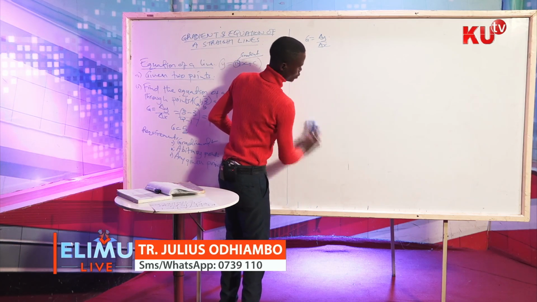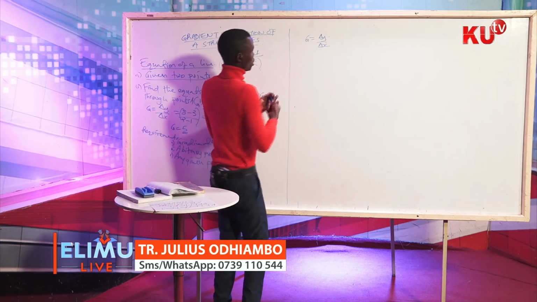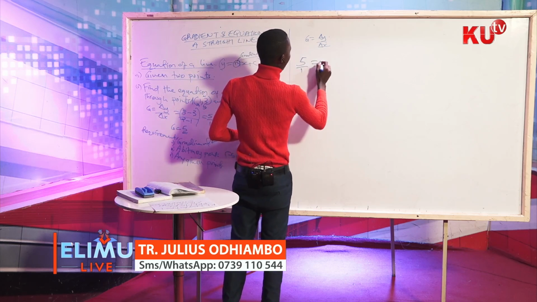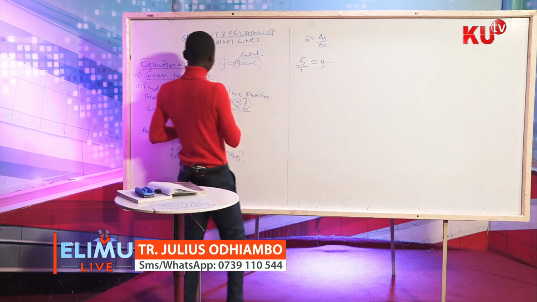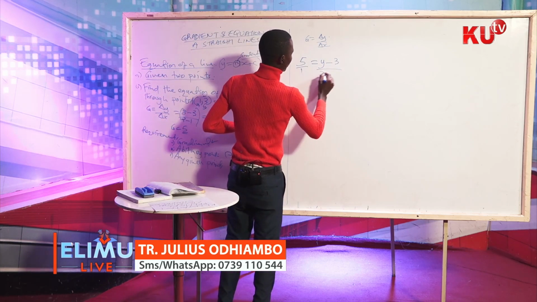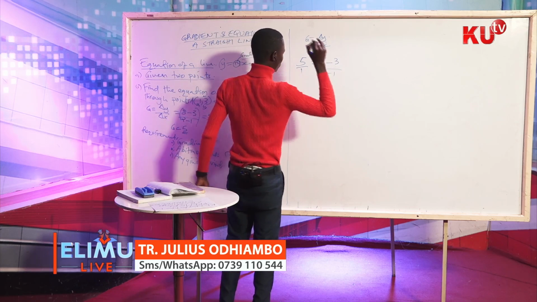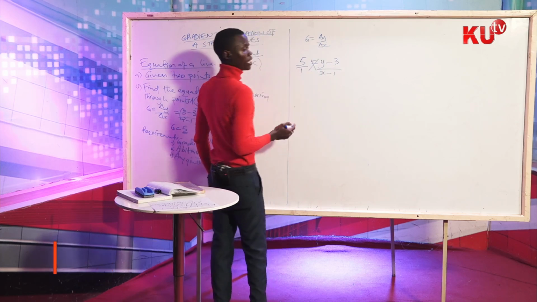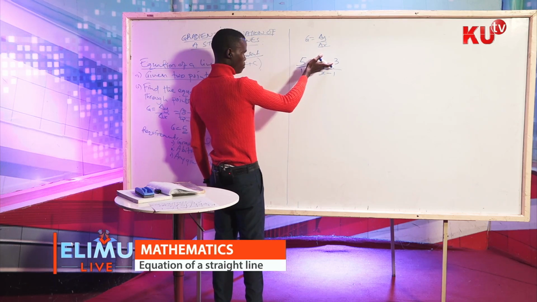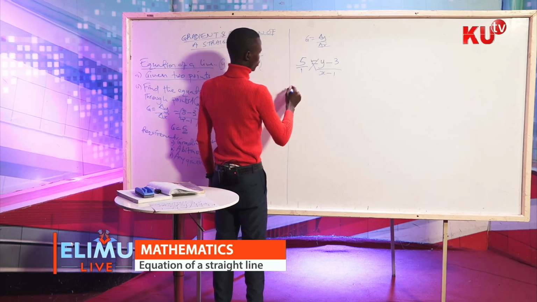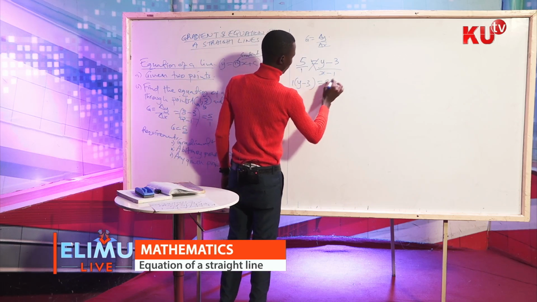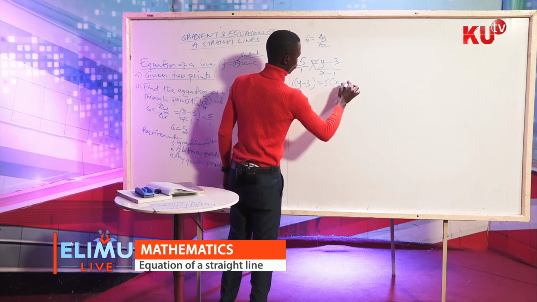Now, gradient is 5 over 1 equals y minus, now I am using A, y minus 3 over x minus 1. Cross multiply. Like I said previously, let the students always make sure that y is on the left. So it will be 1 into y minus 3 equals 5 into x minus 1.